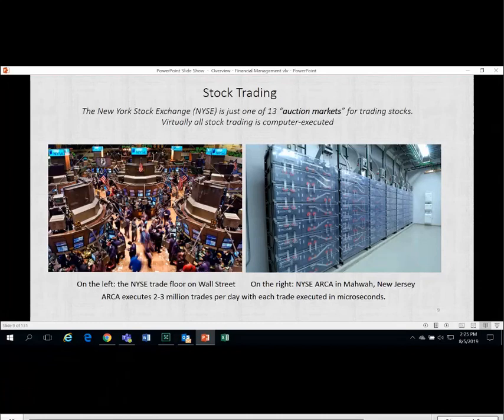Every time you see a story on TV, the reporter likes to stand there on the trade floor with all that noise and commotion in the background, and it sounds good. It'd be pretty boring if he just stood in front of that computer bank on the right. So that's primarily a PR type thing. But there's really not much trading going on.